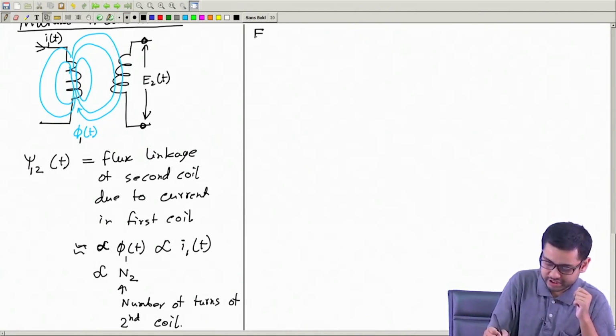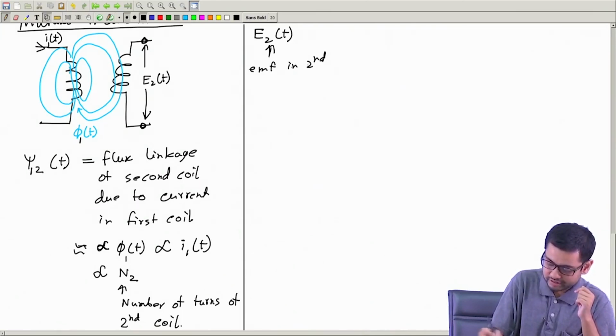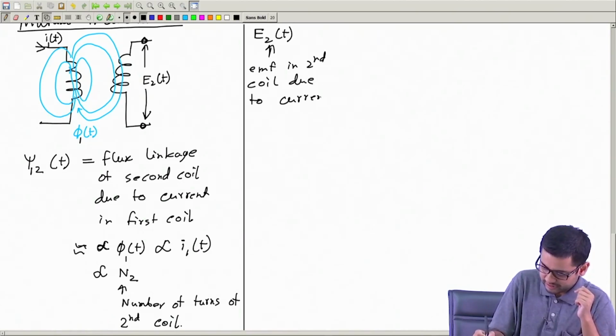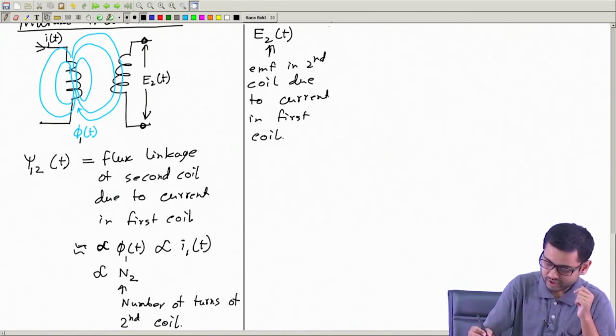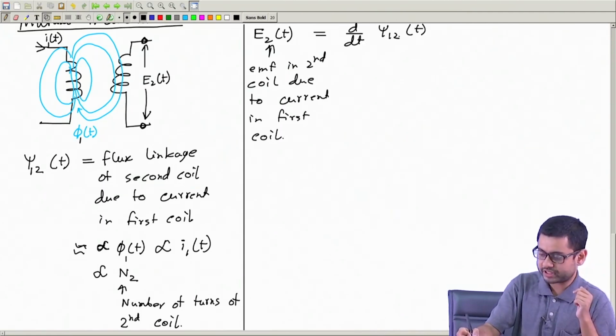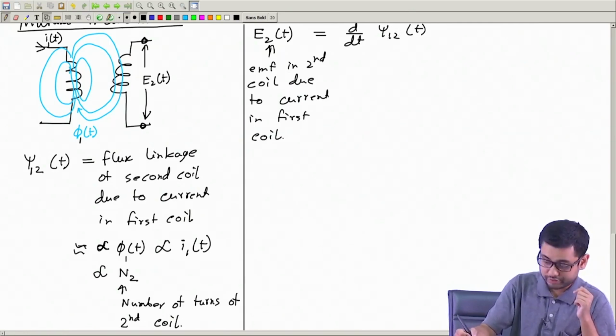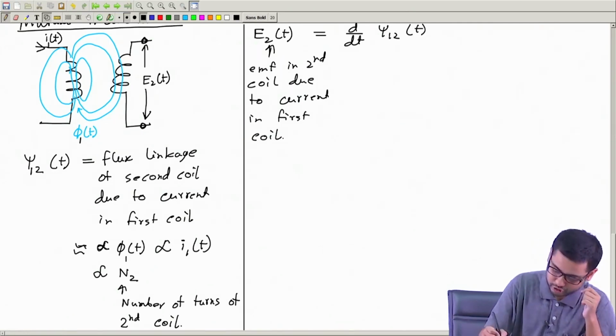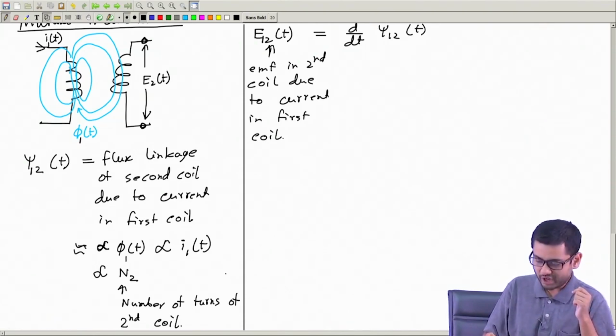And Faraday's law says E2t, okay, so this is the EMF in second coil due to current in first coil, okay. So then we can write this is equal to ddt of psi 1 2 t. Psi 1 2 is the flux linkage of the second coil due to the current in the first coil. You can also call it E1 2, okay.